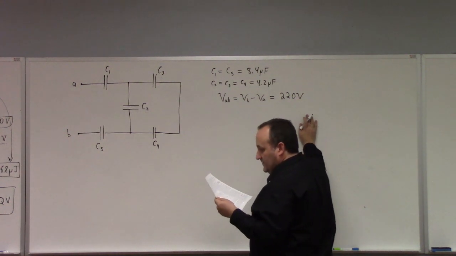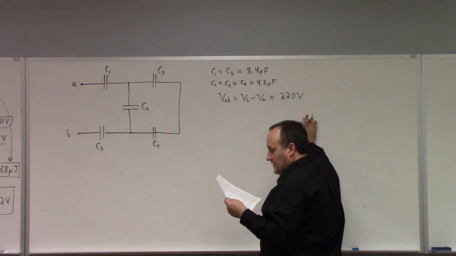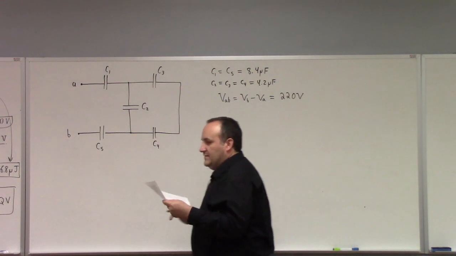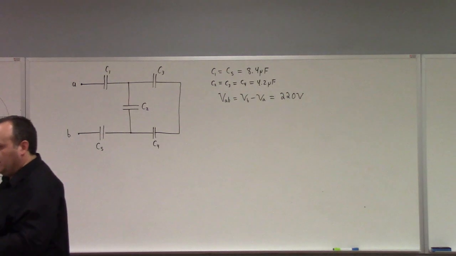Well, that'll hurt if you touch it. So then the question is, what's the equivalent capacitance of the network, and calculate the charge on each capacitor and the potential difference across each. So basically find the charge and the voltage on each capacitor.